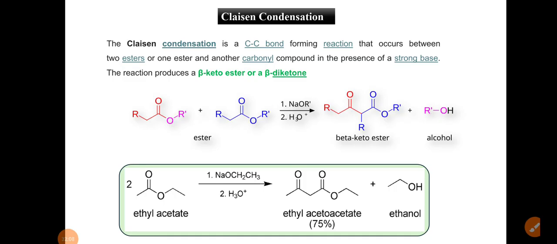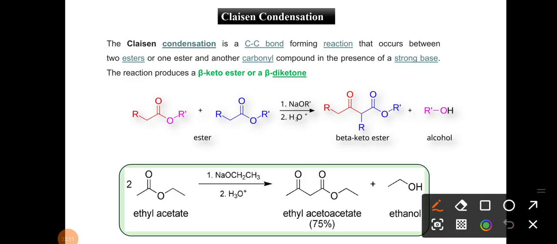Similarly, you can see in the beta keto ester structure, in the beta position there is a ketone group. Here is the alpha and this one is the beta, so beta keto, okay. So from both sides you are getting the beta keto ester or the beta diketone. So that is very important.